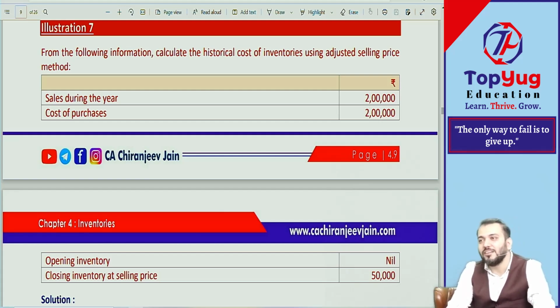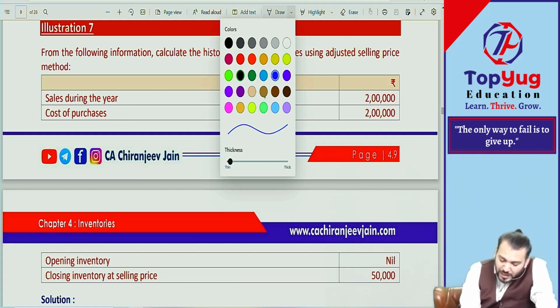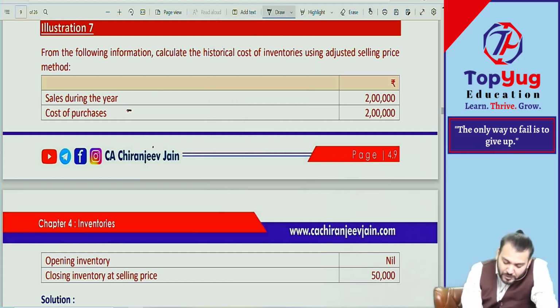Purchase price means invoice price less trade discount plus non-refundable duties and taxes. Direct expense means any expenses incurred to bring the asset to its present location. So when I say cost of purchase, it includes purchase price and direct expense, but it is not inclusive of opening stock. It is purchased during the year.